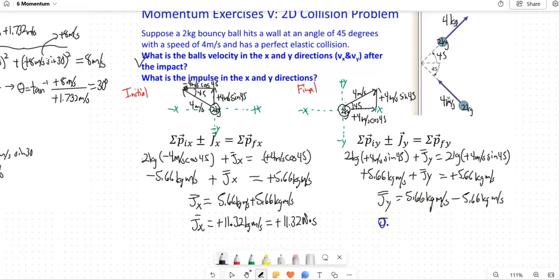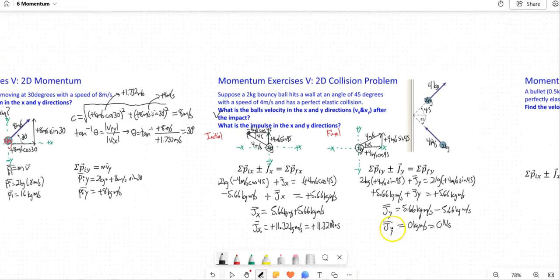So, as you can see, in the y direction, the ball does not supply any impulse. It supplies no force in the y direction. Okay? So this is the basics of two-dimensional motion with one object. Okay? All right.